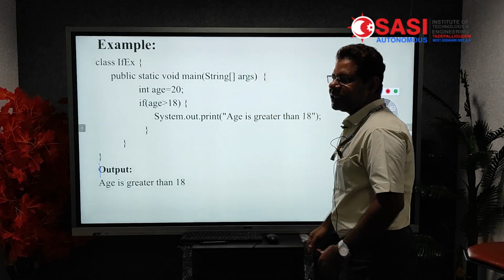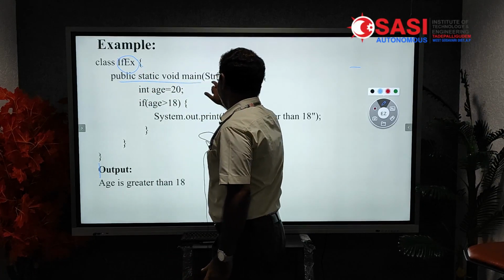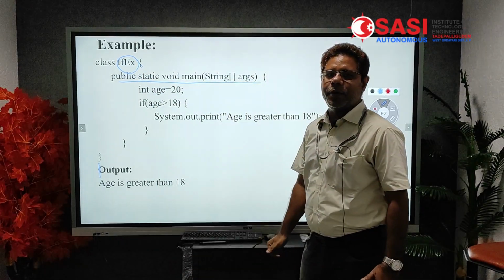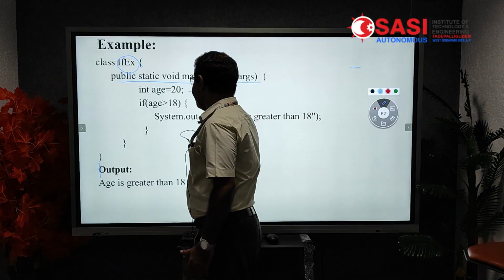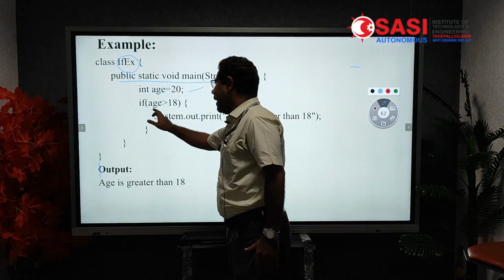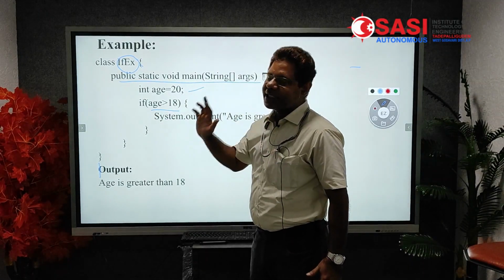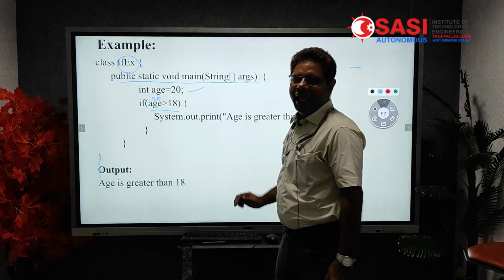Here the class is IfEx. We write the main method, public static void main. Consider a variable age, int age equal to 20. If age greater than 18: we assigned the age value as 20, and 20 is greater than 18.